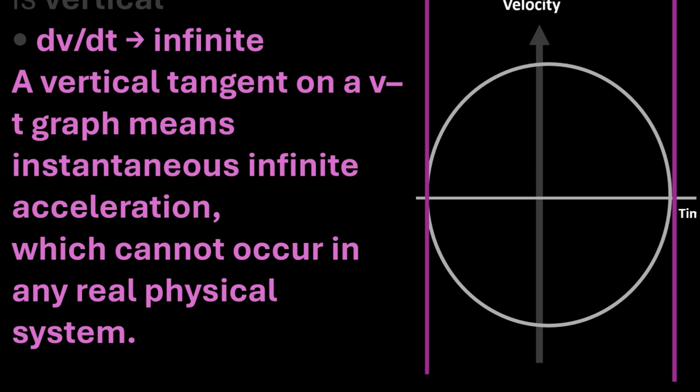Gradient of the velocity time graph is acceleration, which means that at these 2 points, the rate of change of velocity of the object was infinity, which means acceleration is infinity, which is not practical in any real physical system. So that's another reason for rejecting this graph.